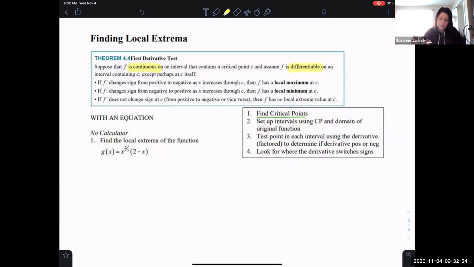This idea of a first derivative test we've seen. We're going to find the critical points, set up our intervals using our critical points and domain, use test points in each interval with the derivative in its factored form to determine if the derivative is positive or negative, and look for where the derivative switches signs. Guess what? We've done this.